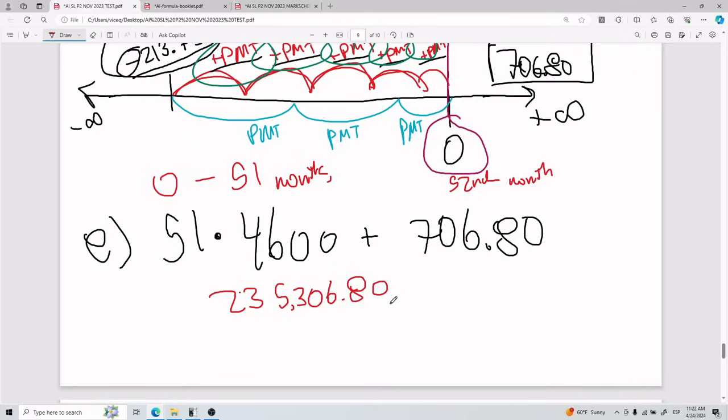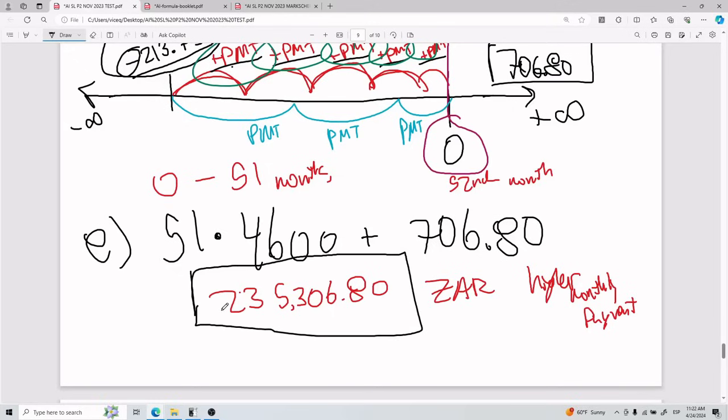So this is the amount that our good old friend Ruben would pay, in ZAR, right? This is for the higher monthly payment. If he pays the higher monthly payment, this is how much he pays in total. So this would be his new total with higher monthly payment.